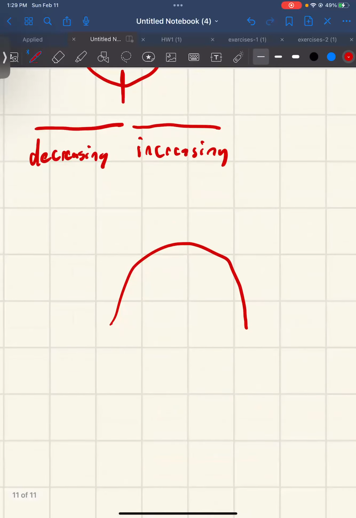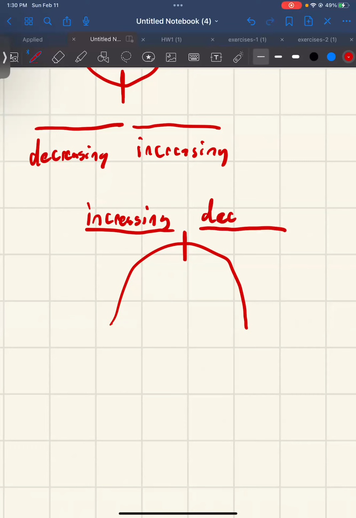Well, then looking at concave down, we can also split that into its two parts. To the left, our function is going greater and greater values as we go to the right. So to the left, it is increasing. And to the right, it is going downwards, so that is decreasing.